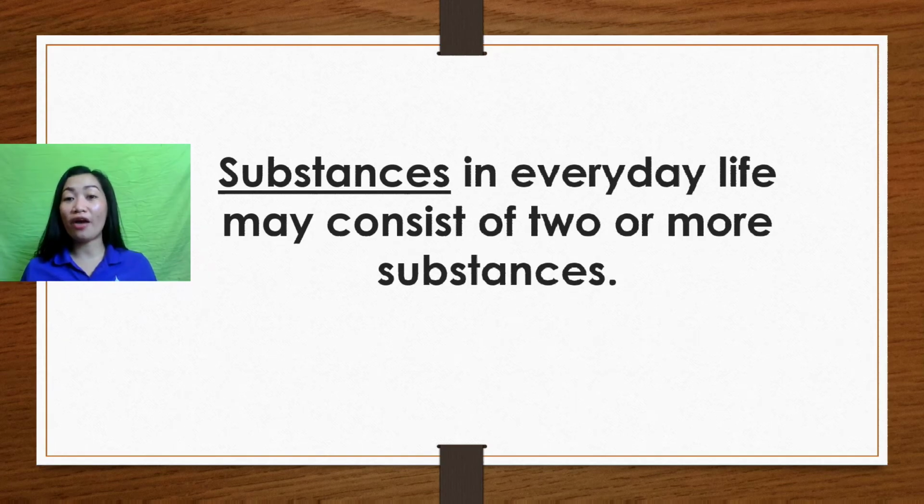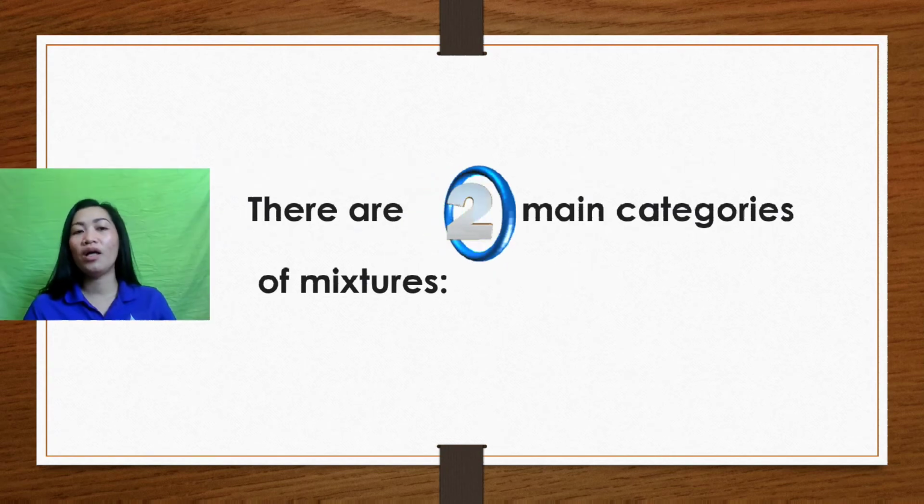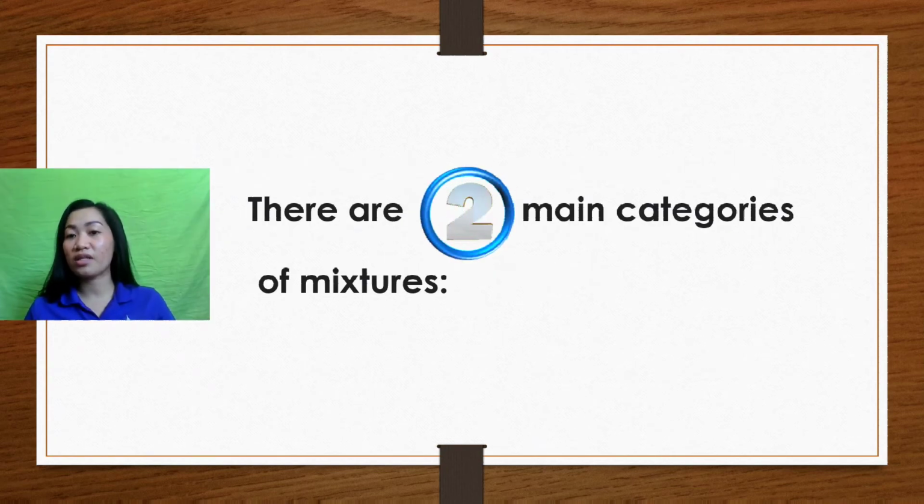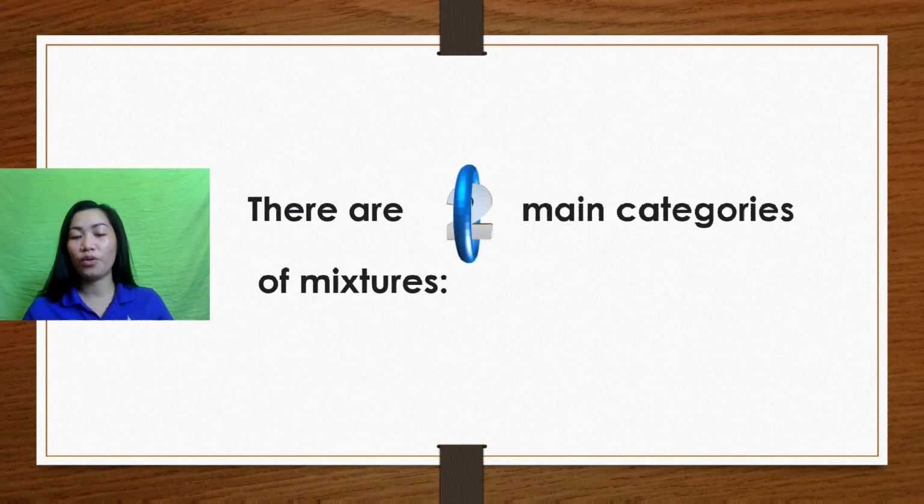Substances in our everyday life may consist of two or more substances. From this lesson, we're going to discuss some techniques on how to separate some substances from one another.